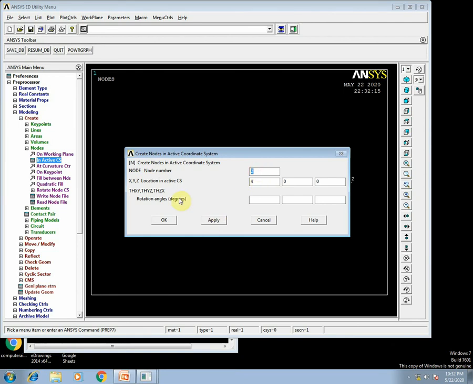Apply. Node 3 is at B: it's 6 meters along the x axis, with y and z 0.